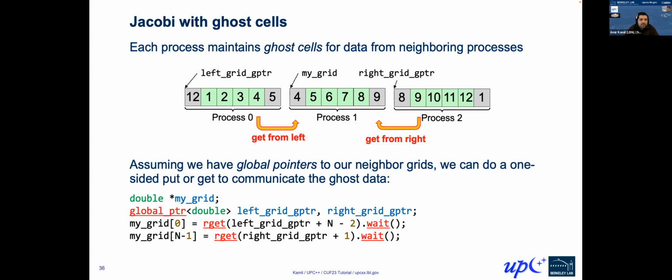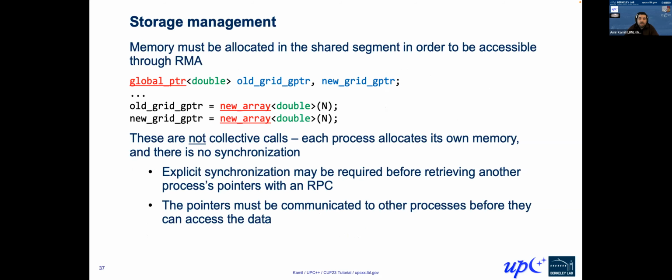All right, so let's take a look at how to do that allocation. If we do a standard C++ allocation using new, that gives us something in private memory. To get something in shared memory, we need to use a UPC++ allocation function. Since our grids are represented as arrays, we use the new_array function template that UPC++ provides.